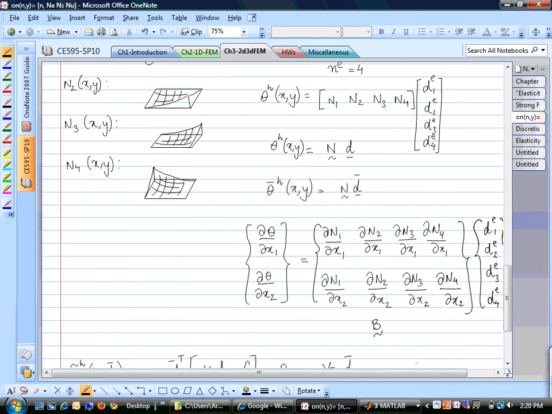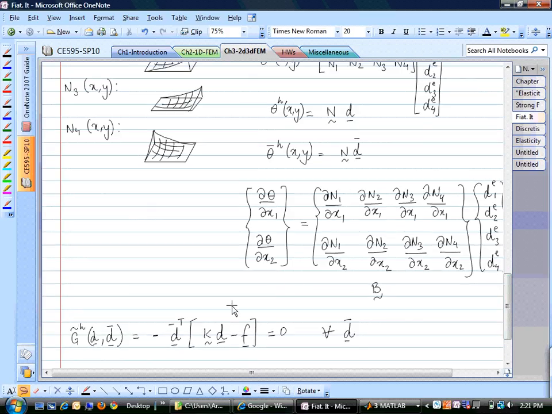So what we have done here is we have approximated our solution with the same sort of formula, N times d. We have approximated our derivatives with the same sort of formula, which is gradient of theta is B times d. And now if you substitute all this back into the weak form, you will get this equation.